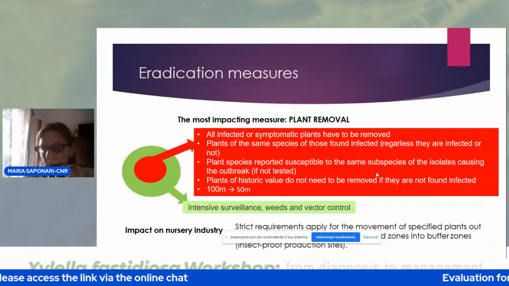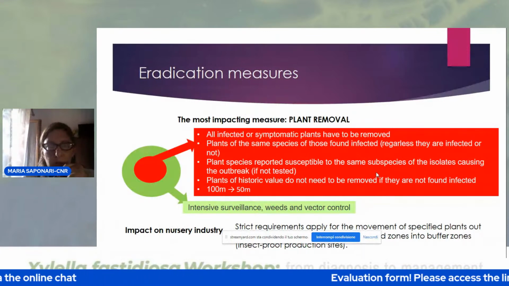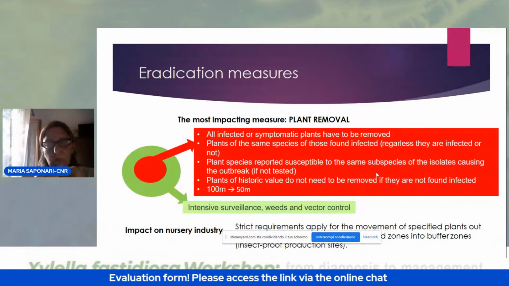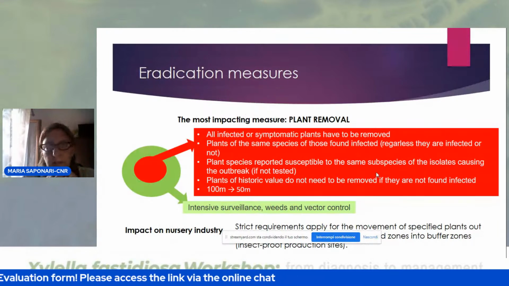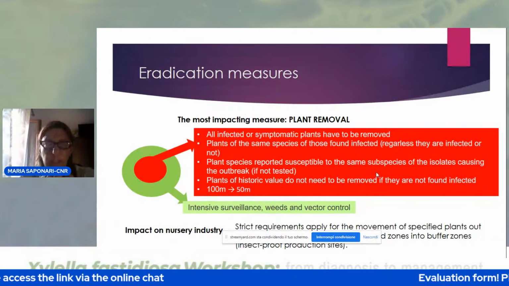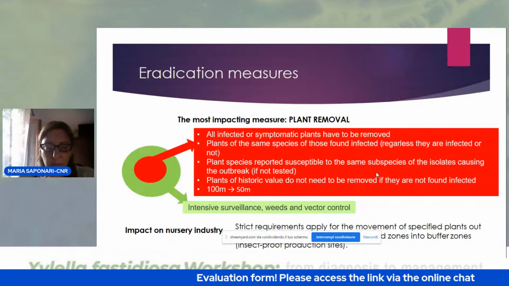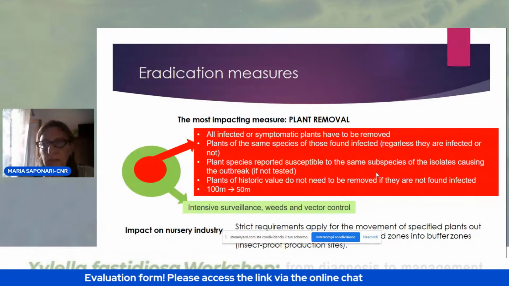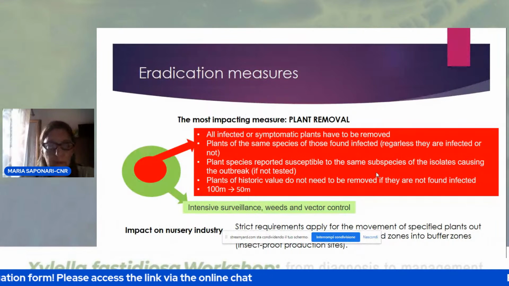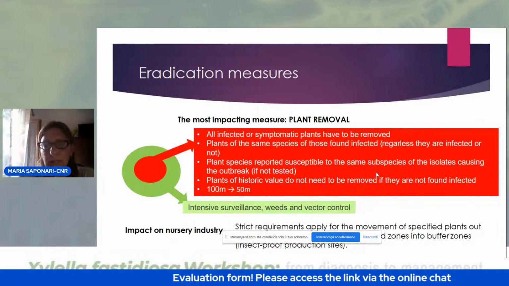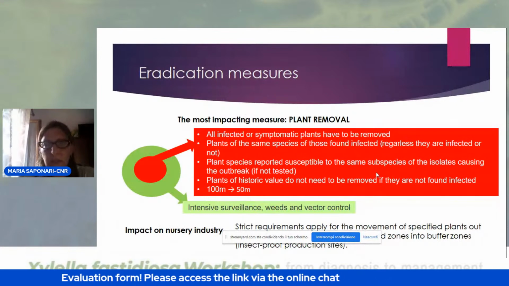So you can understand that in our region, this was a very impacting measure for the olive trees, because olive is the main crop in the outbreak area, and it is not only a tree used as a crop, but is also a landscape tree. So it was very impacting to remove within 100 meters all the olive trees surrounding an infected plant.